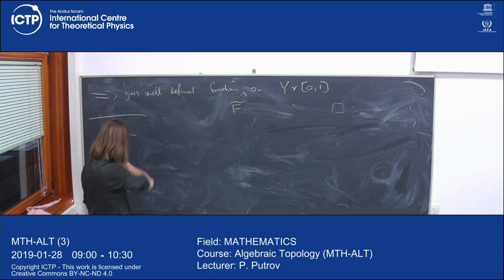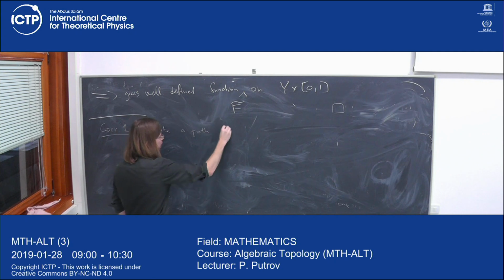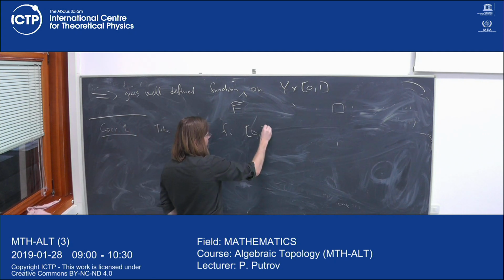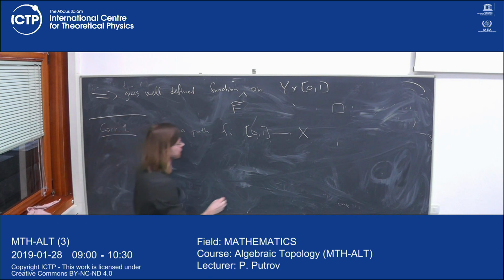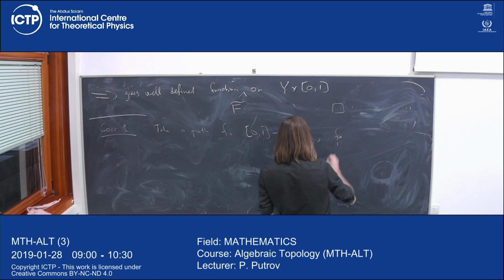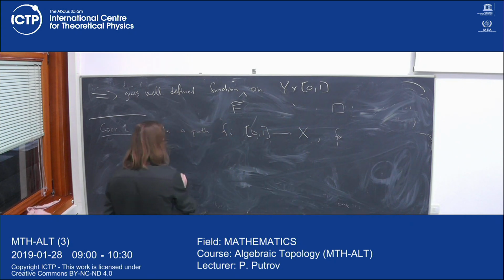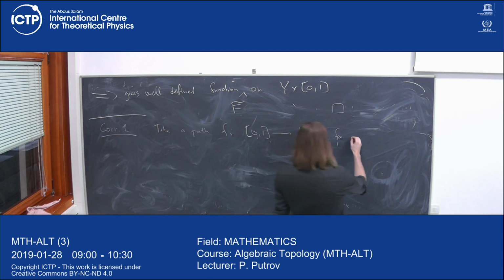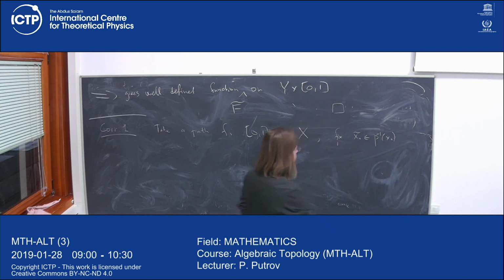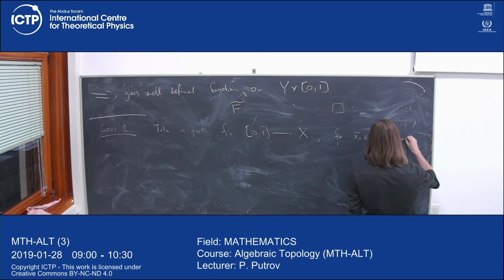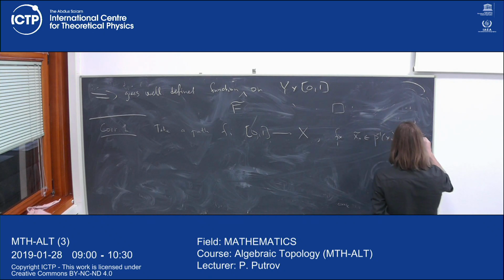Take a path f from 0, 1 to x, and fix x0 tilde, a preimage of x0 with respect to the cover.